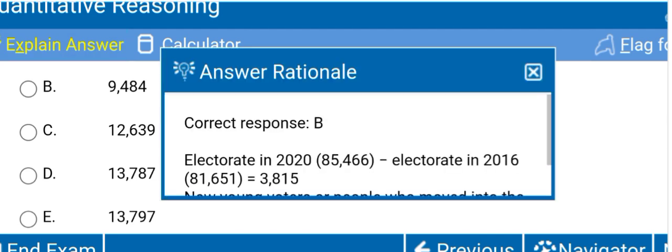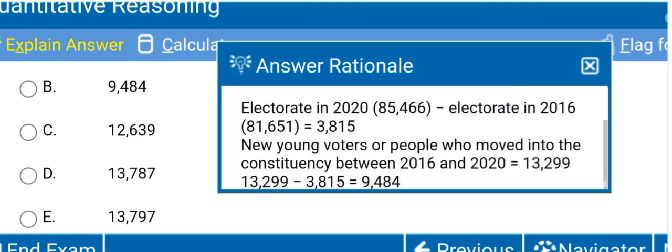The correct option is option B, as electorate in 2020, that is 85,466, minus electorate in 2016, that is 81,651, equals 3,815.